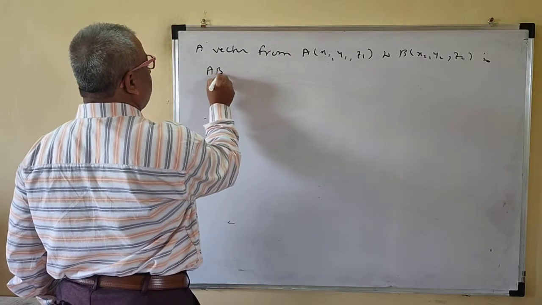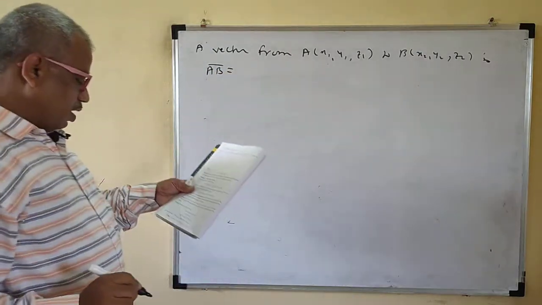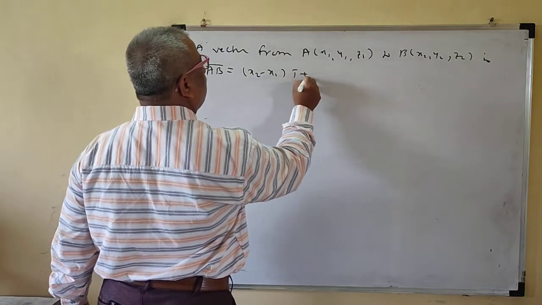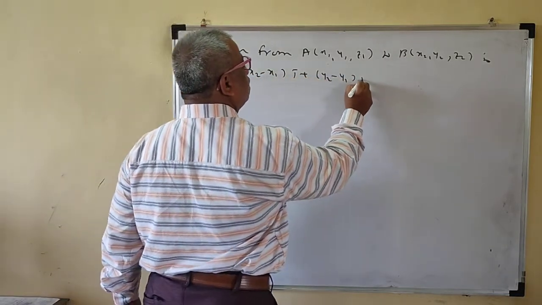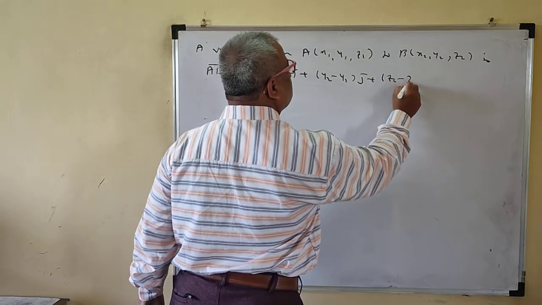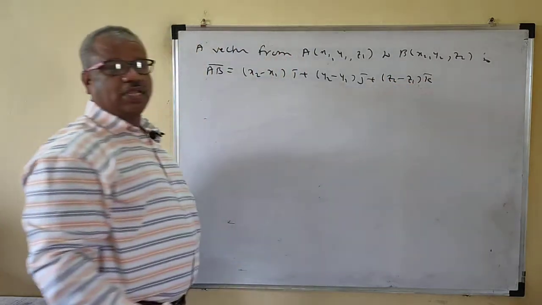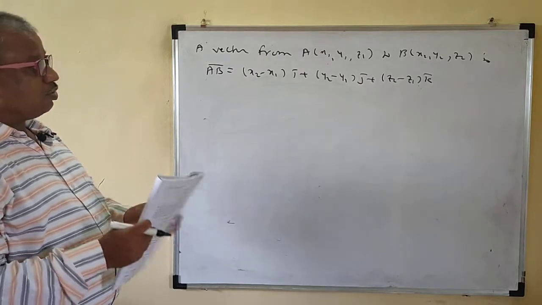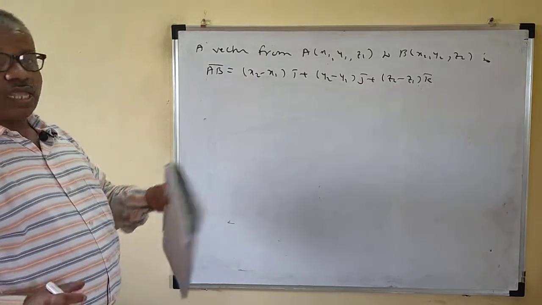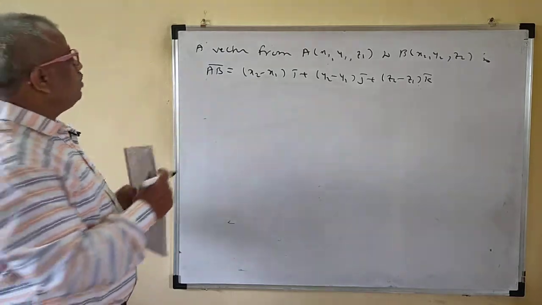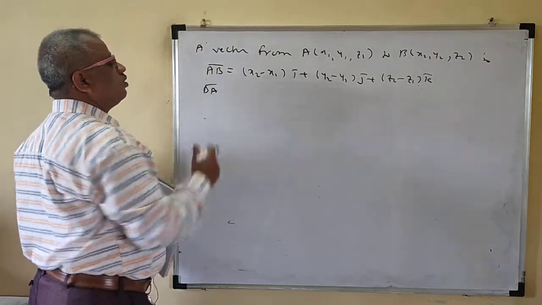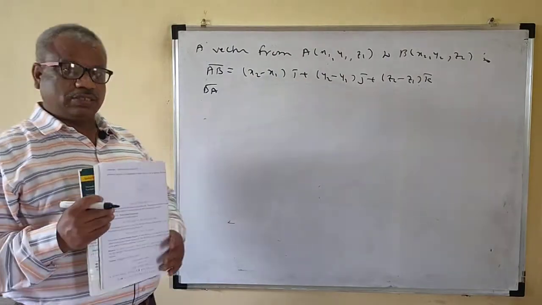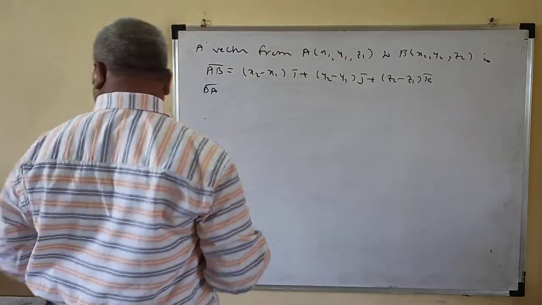Then AB bar is (x2 minus x1) i bar plus (y2 minus y1) j bar plus (z2 minus z1) k bar. This is the vector from A to B. And the vector from B to A, that is BA bar, will be (x1 minus x2), (y1 minus y2), (z1 minus z2). So note this.